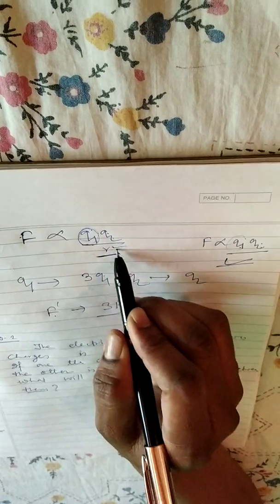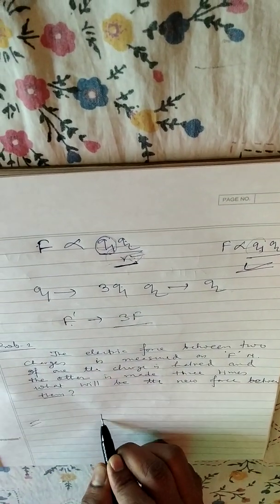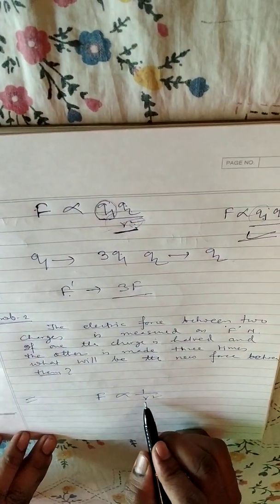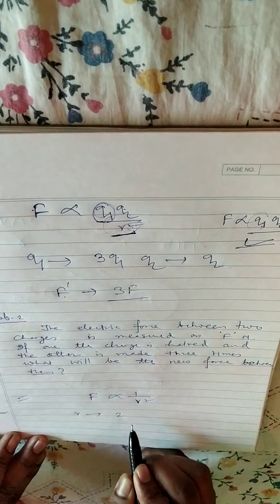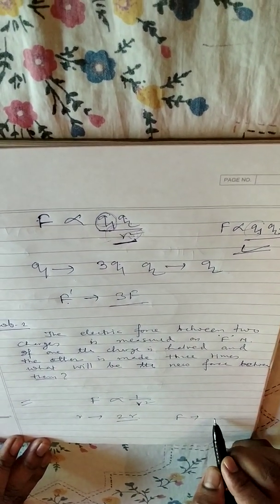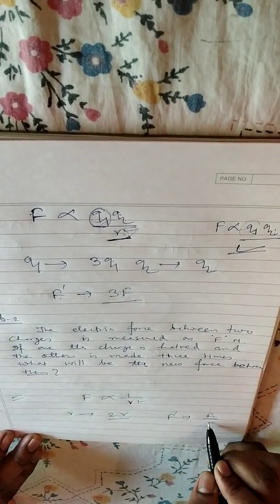Now let me discuss the variation with distance, proportional to 1 by r square. Very simple. If we make r twice r, then F dash will become F by 4.